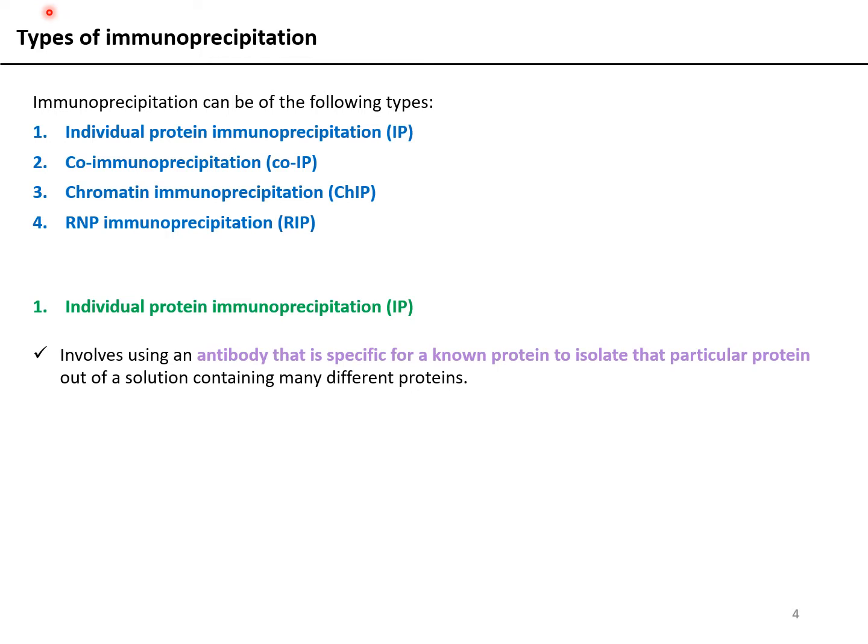Now this involves using an antibody that is specific for a known protein to simply isolate that particular protein out of a solution containing many different proteins.